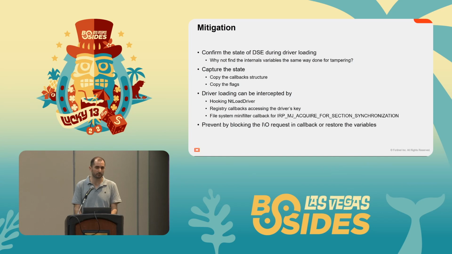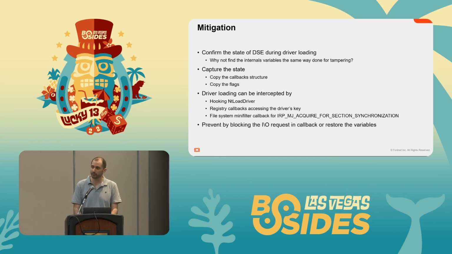For registry callbacks, we can check for access to the registry keys of drivers, and if they happen when the current process is the kernel itself, we'll know it most likely originates from a driver loading attempt.